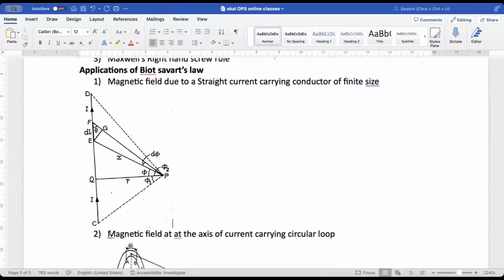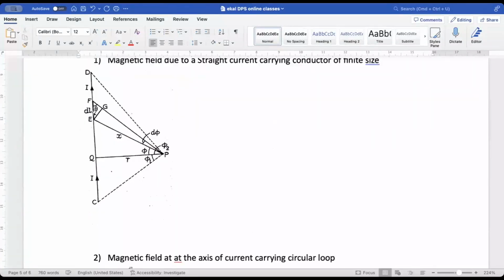Let's say this CD is the straight conductor in which current I is flowing, and P is the point at which the magnetic field is required. Let's draw a perpendicular from P to CD, which meets CD at point Q, and let the length PQ be, say, R.